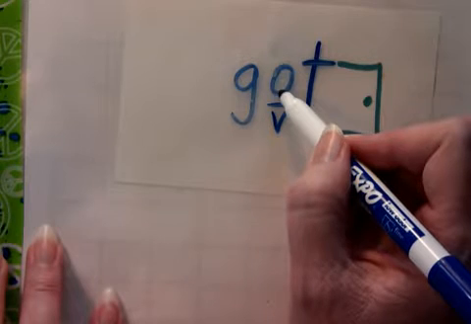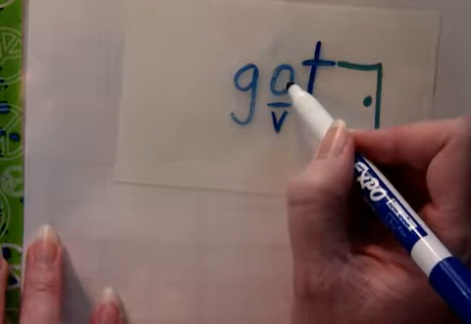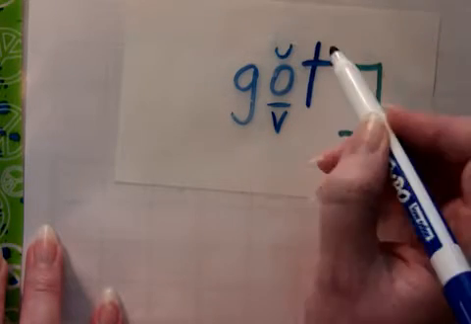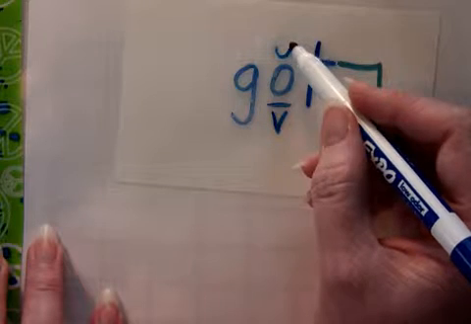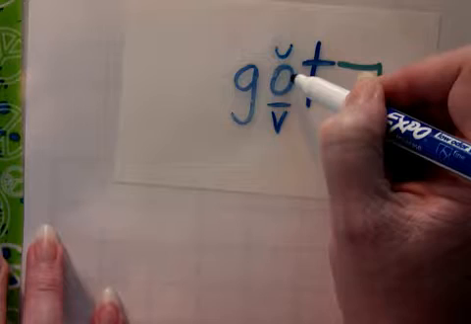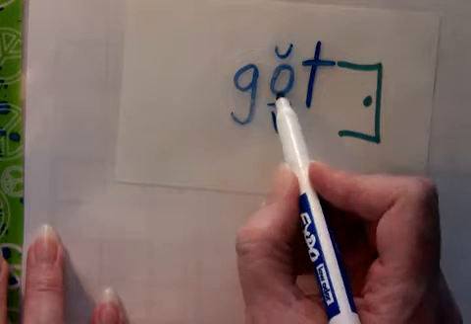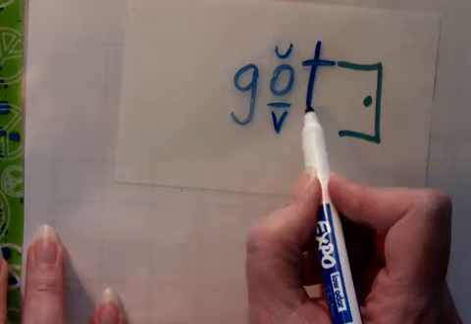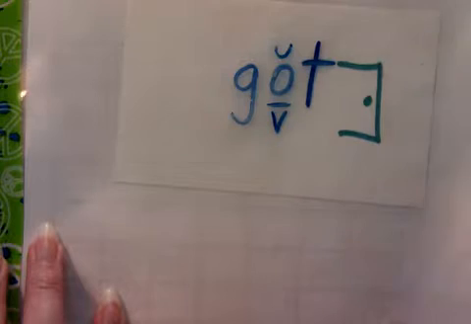It's one vowel followed by one or more consonants. The vowel can only go a short way, so we put the short mark on top. It looks like a smiley face. This is called a breve. The breve goes on top, so remember it's the short sound. Short a. So now I can sound it out. G-short a-t, got. So that's how we figure out the vowel sounds.